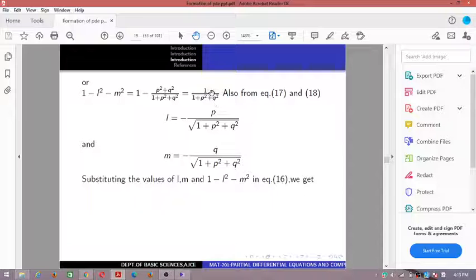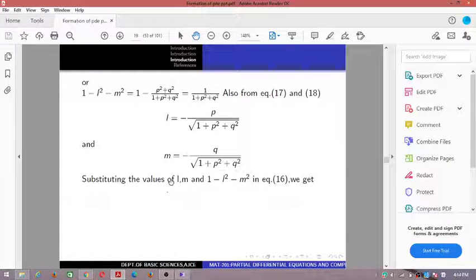And substituting these values in equations 17 and 18, we get L is equal to minus p by square root of (1 plus p square plus q square), and M is equal to minus q by square root of (1 plus p square plus q square).